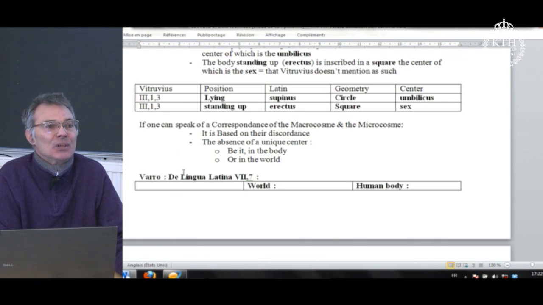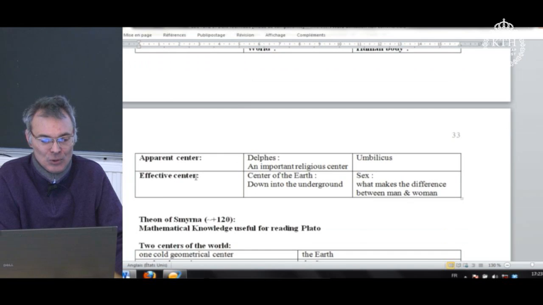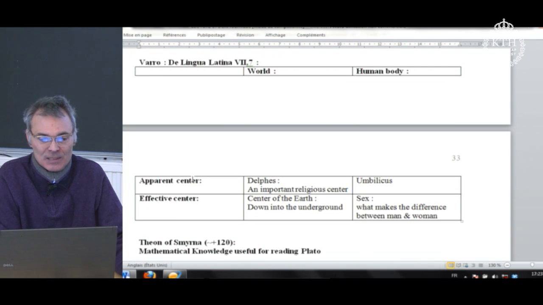Read, for instance, the philosopher Varro, who wrote the De Lingua Latina precisely at the time of Vitruvius, and the De Lingua Latina is mentioned by Vitruvius. So what does Varro say to us? He says that it goes with the world as it goes with the human body. In both, you have an apparent center and an effective center.